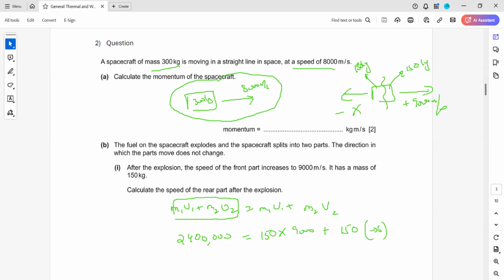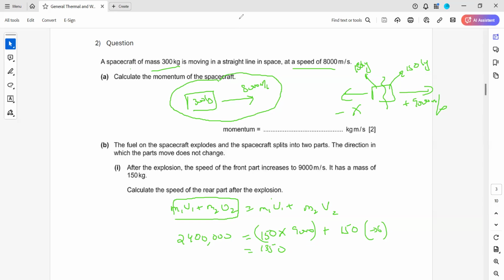Then we just have to simplify this equation. So 150 into 9,000. This will be added, the other side will be subtracted. So 150 multiplied by 9,000 will be 1.35 × 10^6.